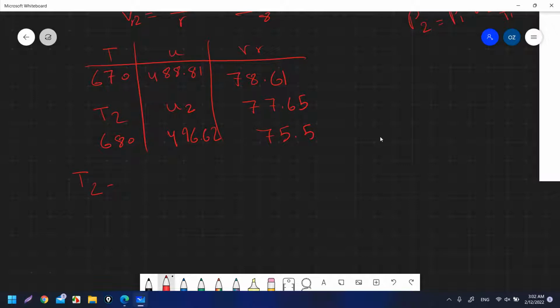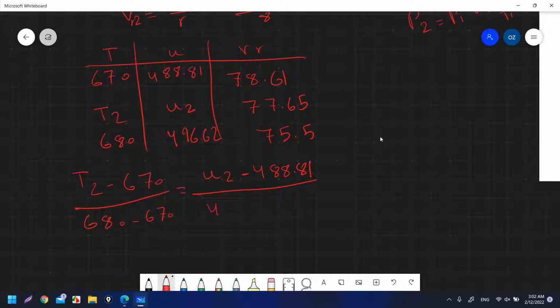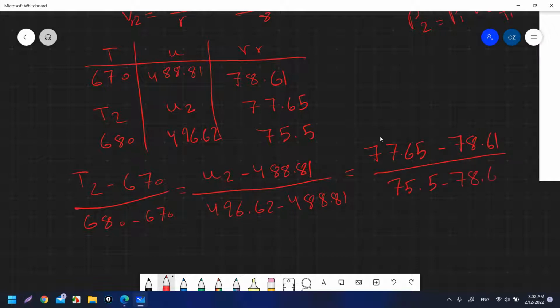T2 minus 670 over 680 minus 670 is equal to U2 minus 488.81 over 496.62 minus 488.81, and this will equal, for VR 77.65, VR2 minus 78.61 over 75.5 minus 78.61.